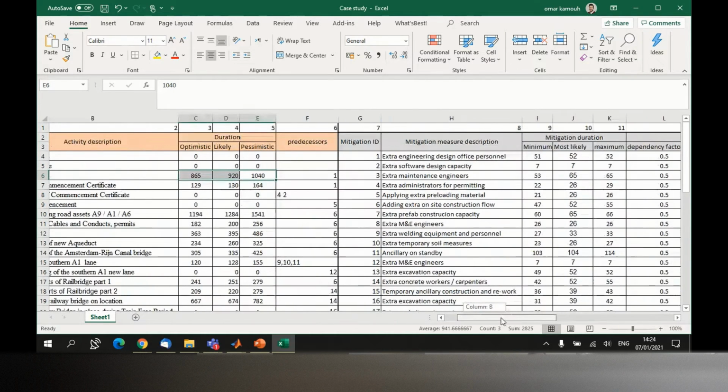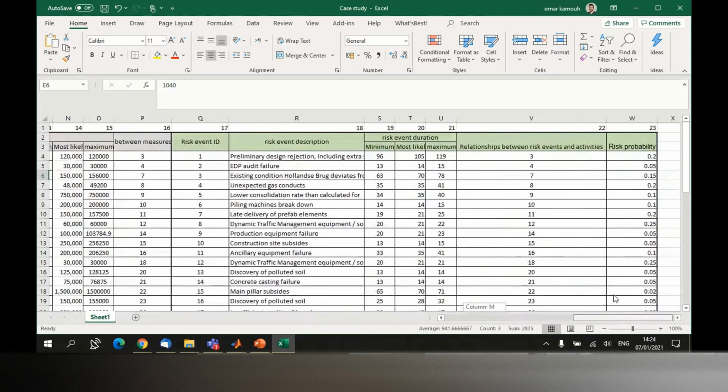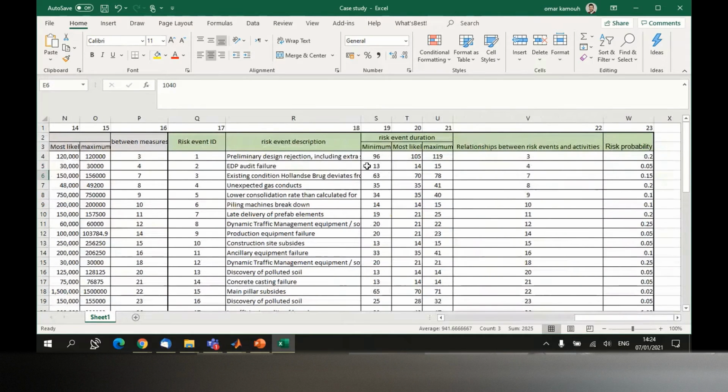I will give you an example to clarify how this risk affects the activity. So, for example, risk number 1 has a probability of occurrence of 20%. So let's assume that this risk takes place. It occurred, and then it's going to pick one random number in the range between 96 and 119.